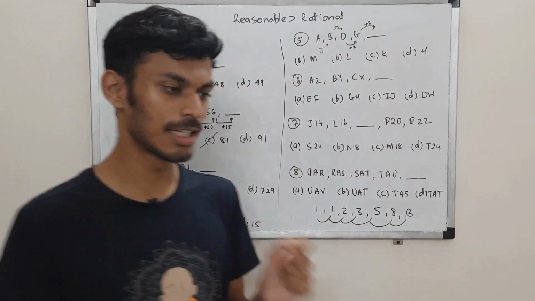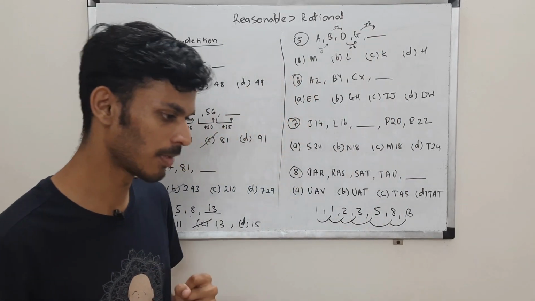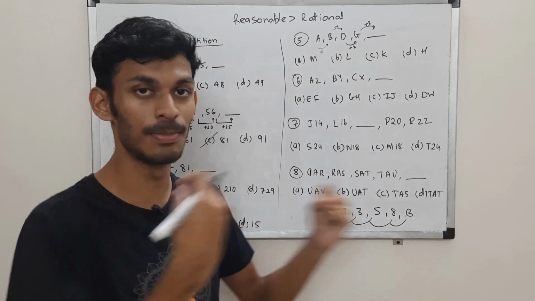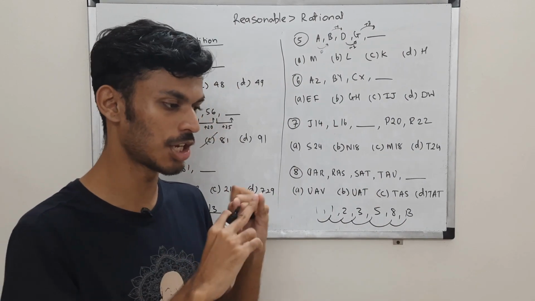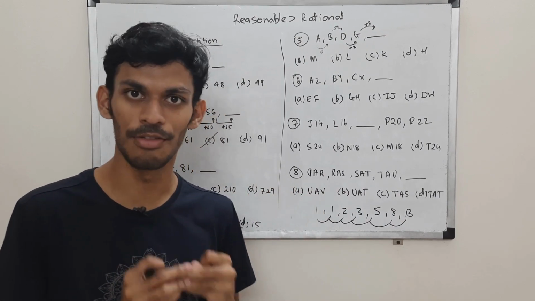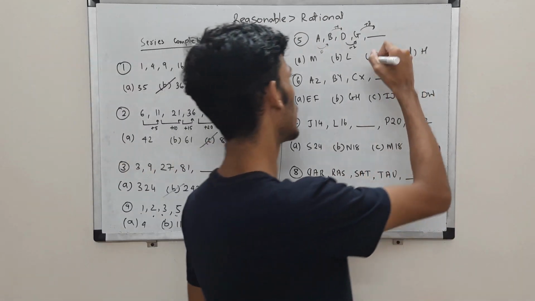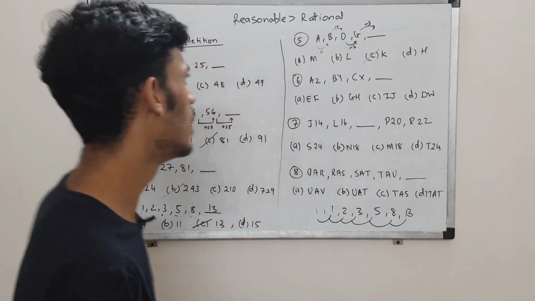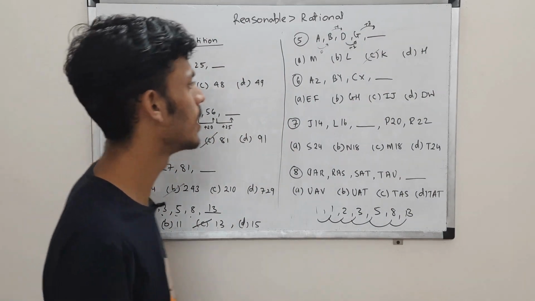Beginning with G, after G we skip H, I, J, these 3 letters, and the next one is K, right? So that was the logic behind that.